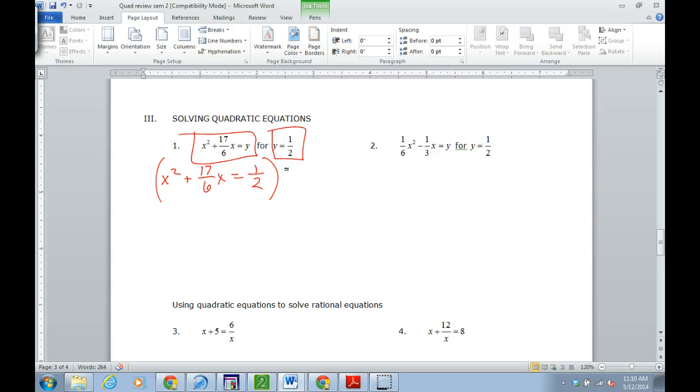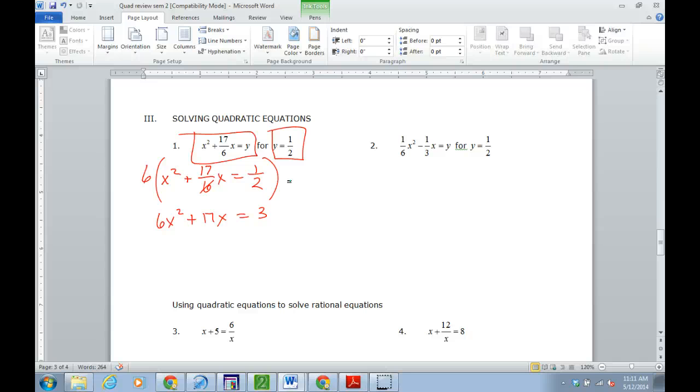What do they all multiply into? Smaller than 12. 6. Okay? So this will be 6 times x squared, and then the 6 cancels out on this one, so it'll be plus 17x. And then 6 times 1/2 is 3. That looks a little friendlier to me.